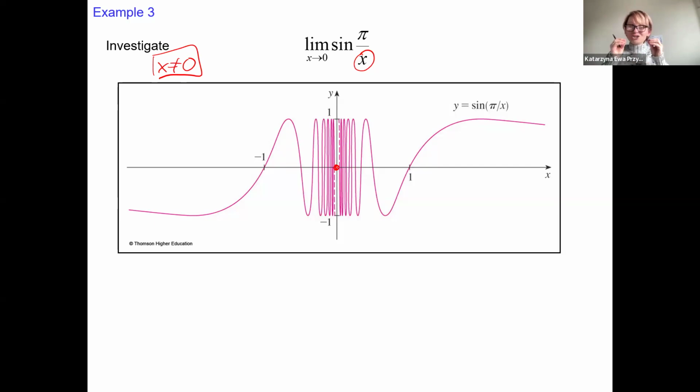This function doesn't really go in one direction. It's not tending to approach one finite number, it's oscillating. This is the type of function for which we say that the limit does not exist as one finite number.